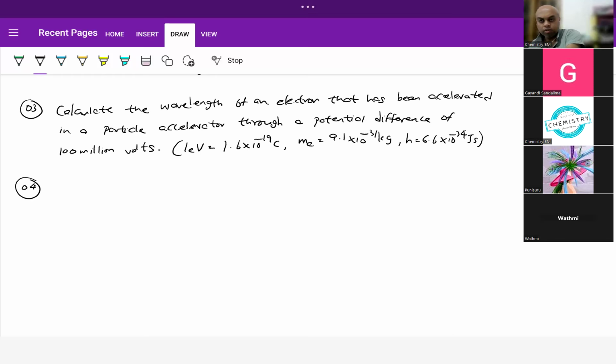You can try this question. I will give you a few minutes to do this question. If you have done the question, you can send me the answer on WhatsApp or in the chat.